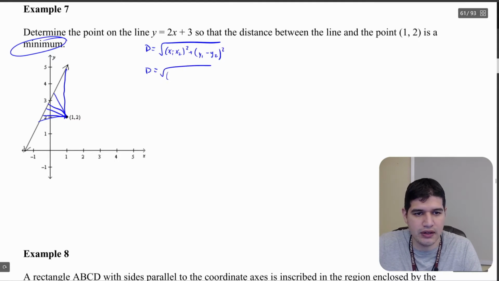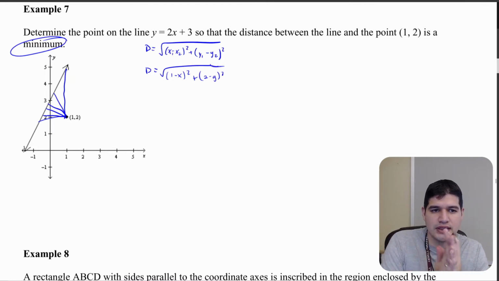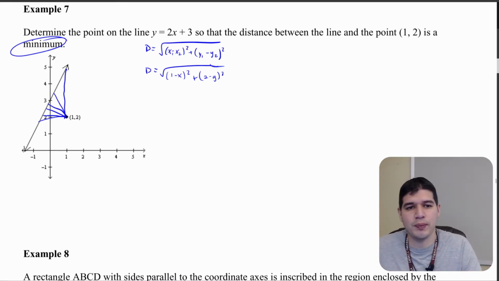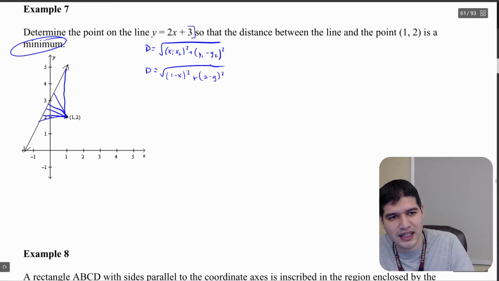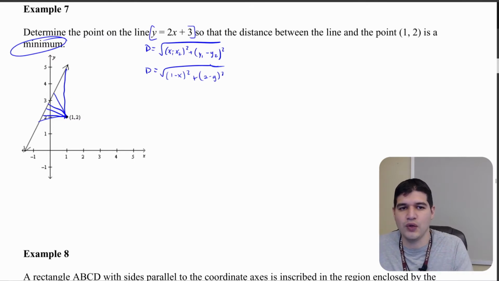I'm going to say we have the square root of (1 minus x) squared plus (2 minus y) squared. We want to make a substitution here, just like what we did in the last problem in the last video. We know what y is equal to, so we can make that substitution.